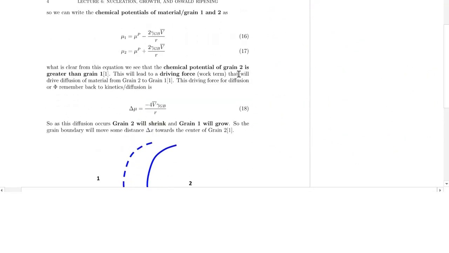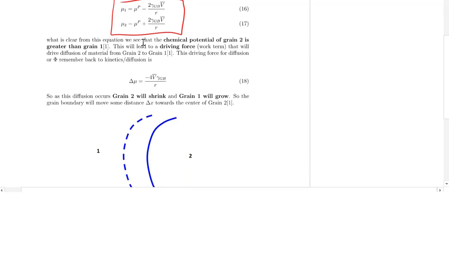So let's go back. Now, this is just rewriting the chemical potential at 1 and 2. The key parameter here is this chemical potential, this driving force that is going to drive diffusion. If you remember back in lecture 4, we had Fick's first law, with grad C, or if this is 1D, dC/dx.